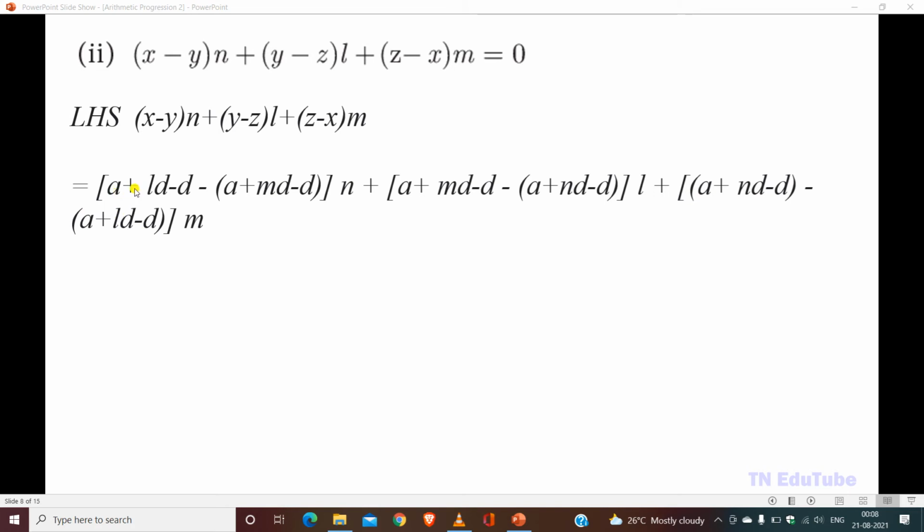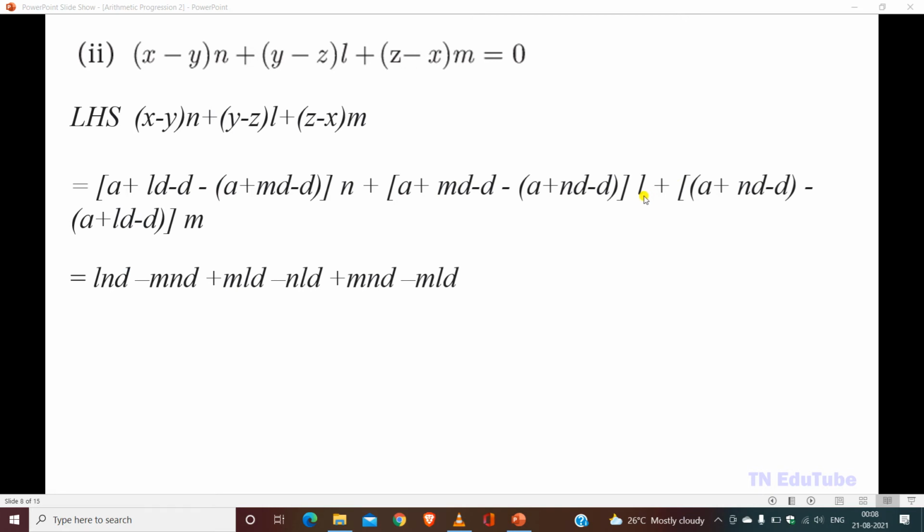Here a and minus a get cancelled, minus d and minus into minus plus d. So minus d and plus d get cancelled. So all the brackets will be cancelled. Then you multiply inside with n. So you get nld. Here it is minus. So minus mnd. Here what you get? a gets cancelled, d gets cancelled.